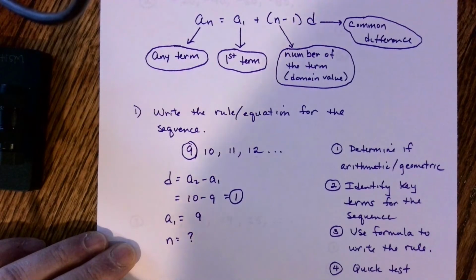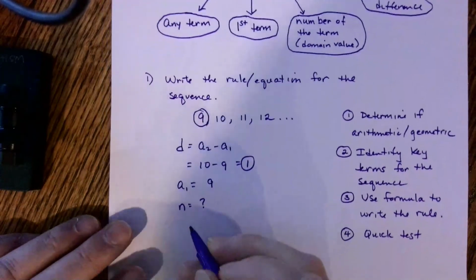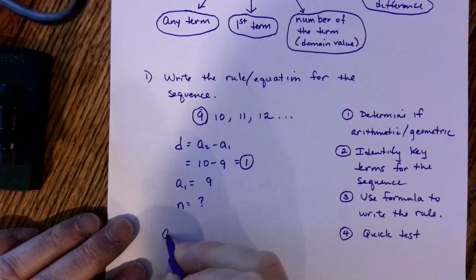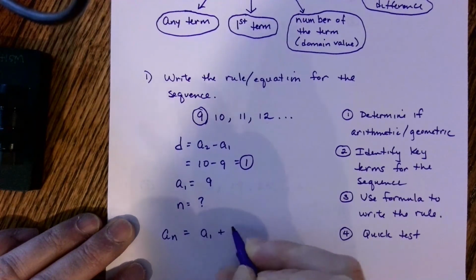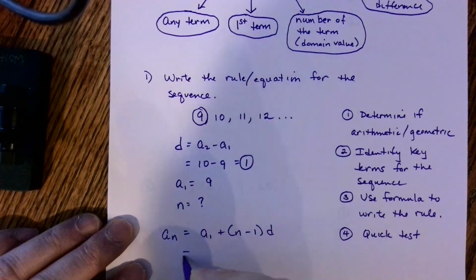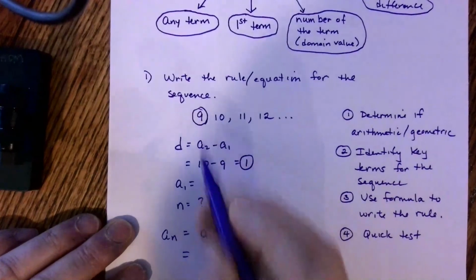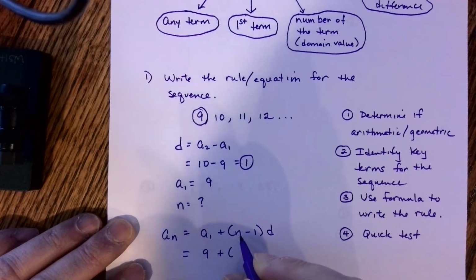So the question is, can I calculate any term in the sequence using a formula? Here's what I'm going to write. Any term in the sequence is equal to the first term plus n minus 1 times d. I know what the first term is. It's 9, so I'm going to place 9 right here. I don't know how many terms I have.